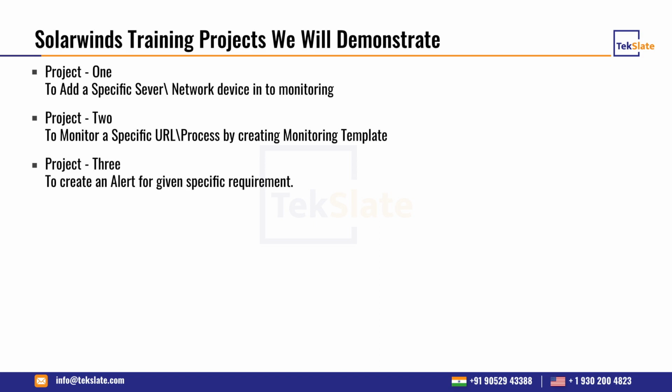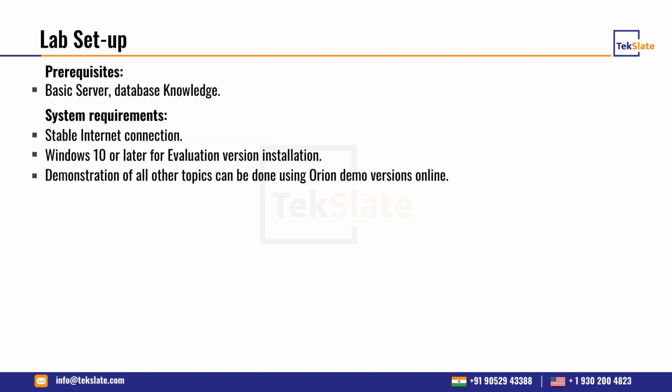These compliance reports, audit reports, or usage reports, how to create these particular reports, we will be showing you. And for the lab setup for this training, the prerequisite will be some basic knowledge of databases and SQL, since SolarWinds uses an SQL database.